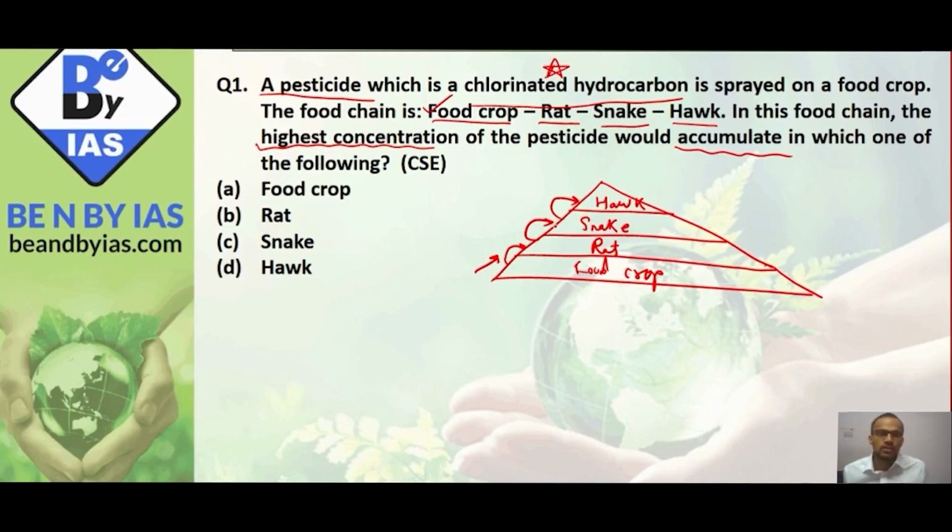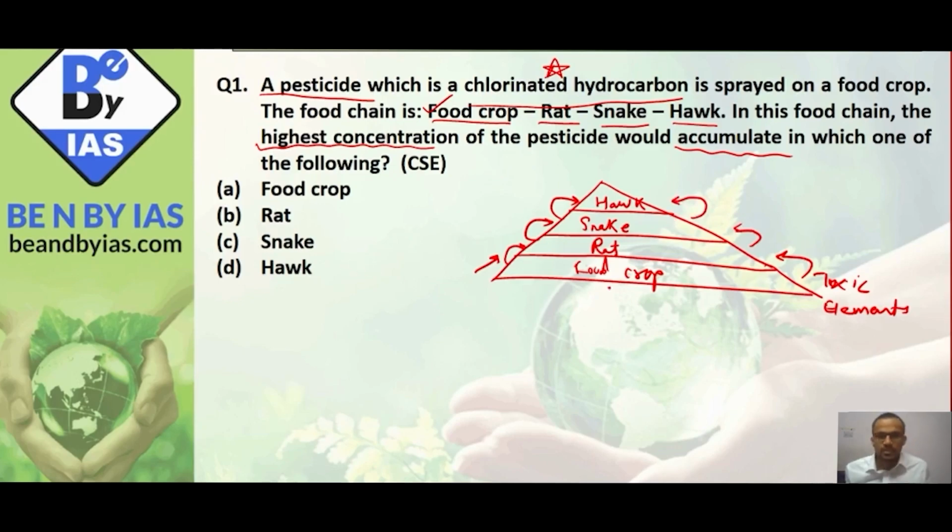Along with food energy, sometimes even toxic elements are also transmitted, and in this case that toxic element is in the form of chlorinated hydrocarbon. So that toxic element will also be transmitted from first trophic level to subsequent trophic level.